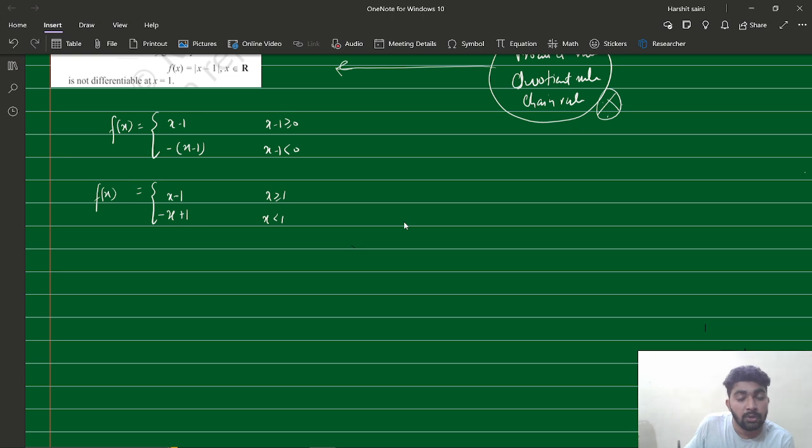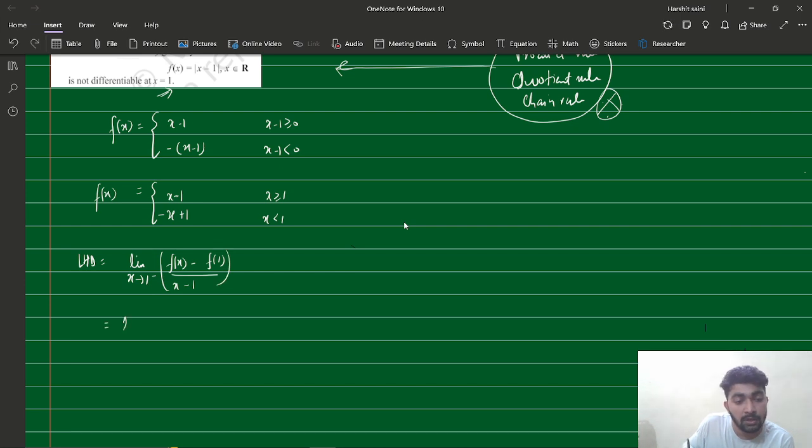Now we need to evaluate at 1, because we need to prove that the function is not differentiable at x equal to 1. So we need to find the LHD. How can we find LHD? Limit x tends to 1 negative, f of x minus f of 1 upon x minus 1.